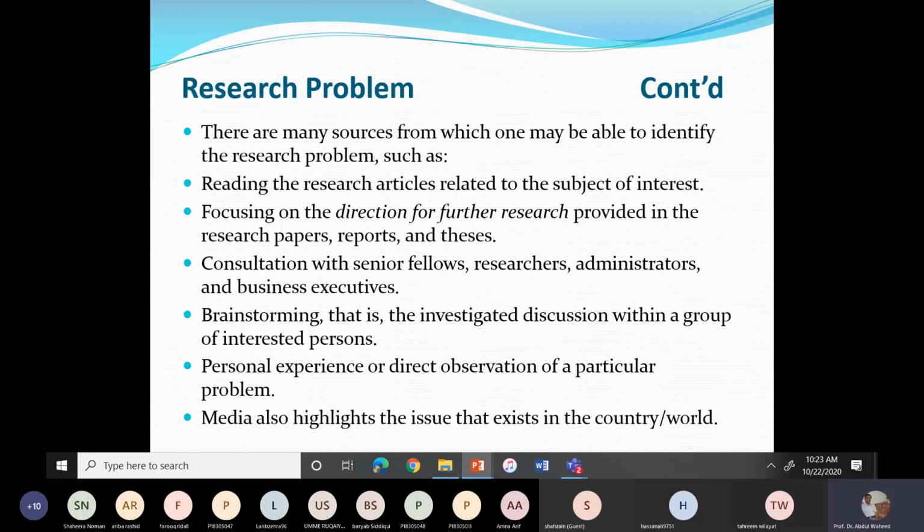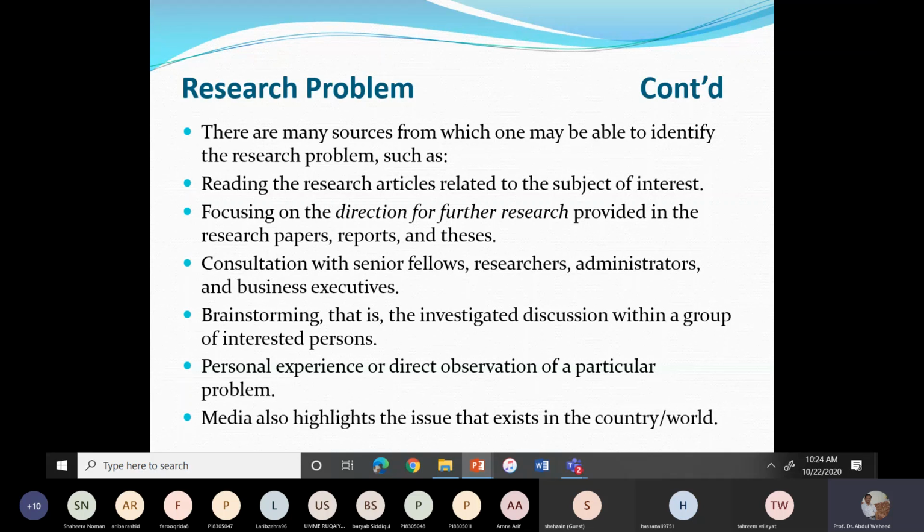And sometimes we consult with our senior fellows and researchers and administrators and business executives to formulate our research problem. Okay, you see, you ask your teacher, okay, give me some tips for research problem, or what are the issues on which research can be done.